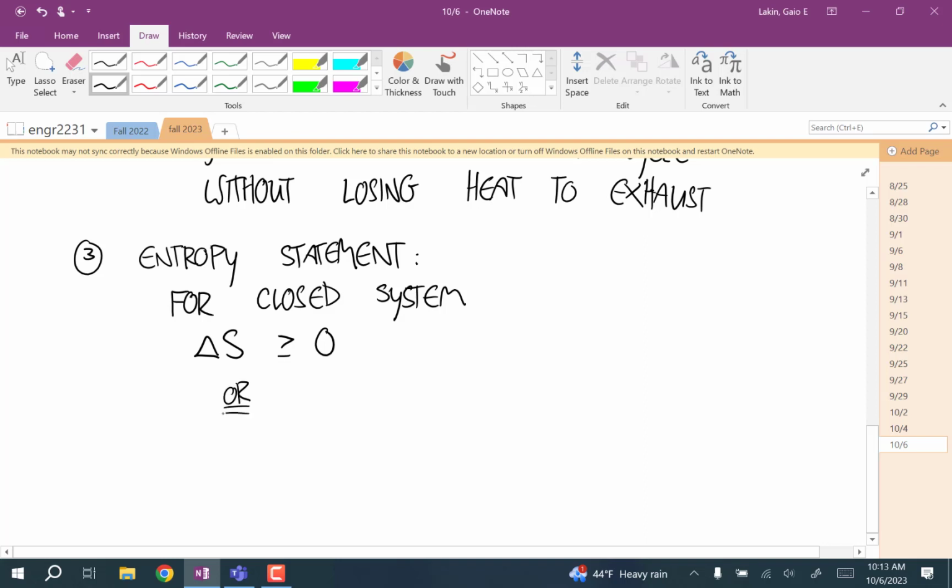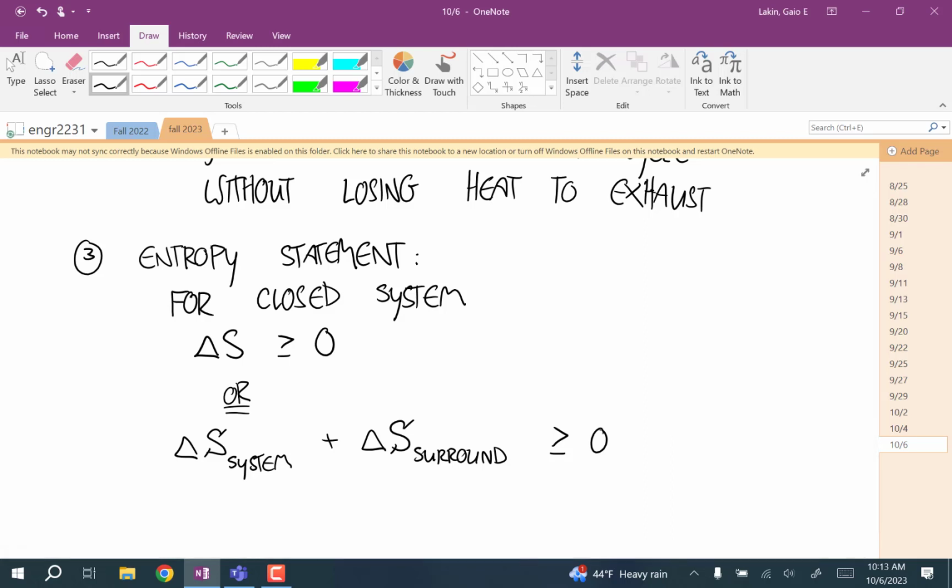Another way to think of it is, if you don't have a closed system, the change in entropy of the system plus the change in entropy of the surroundings is greater than or equal to 0. So you know that entropy only goes up. You've heard that before, I'm sure.